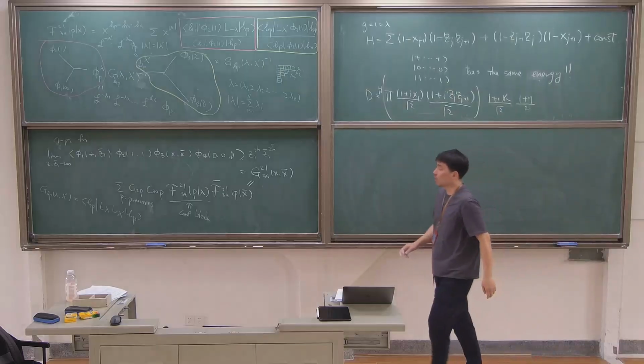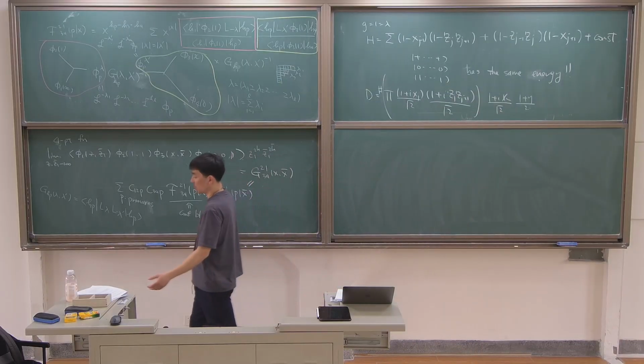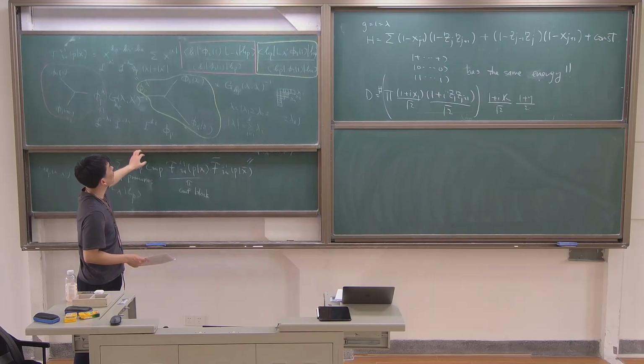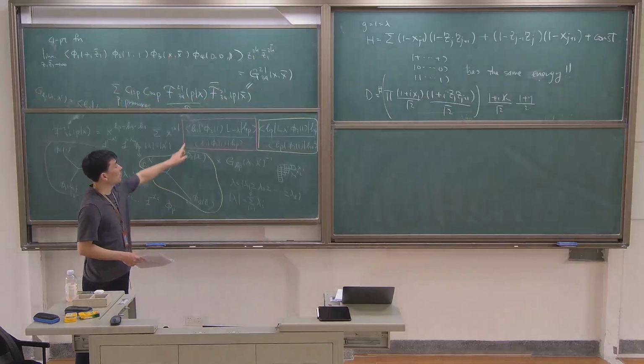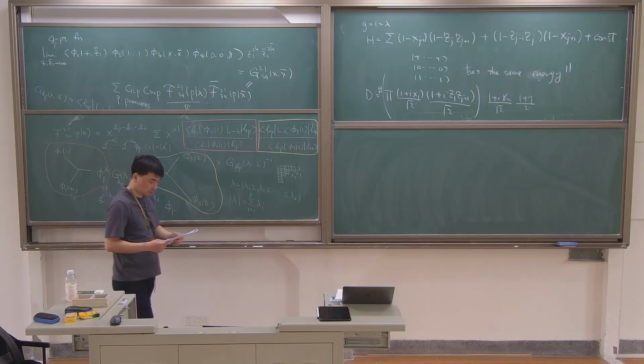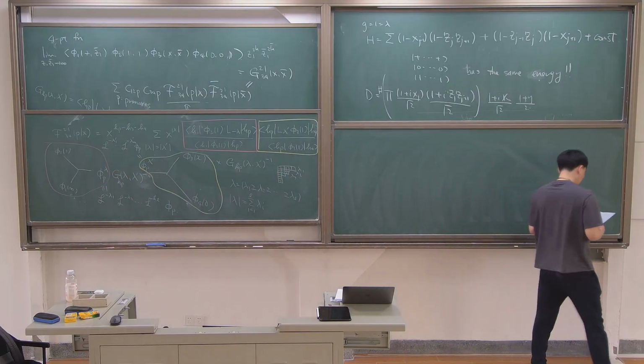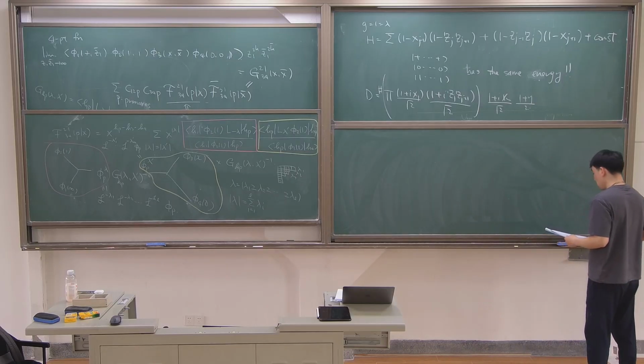Okay, so now how do you compute? We know how to compute the Kac-Shapovalov matrix, and the question is how to compute the three-point function with descendants. That's also difficult.